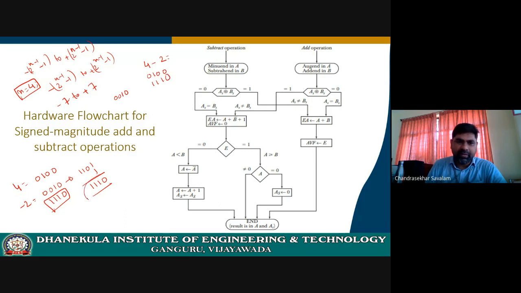I already found this 2's complement of 2. So minus 2 you can represent as 1, 1, 1, 0. So you can write 4 plus minus 2. Minus 2 means 2's complement of 2. So 2 is 0, 0, 1, 0. I take the 1's complement 1, 1, 0, 1, add 1, 1, 1, 1, 0.